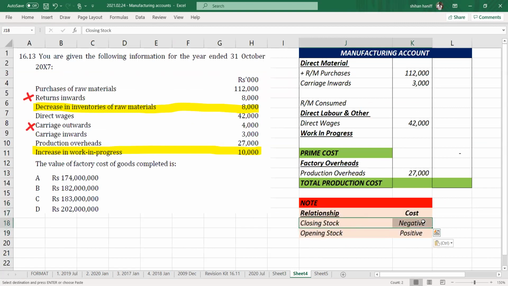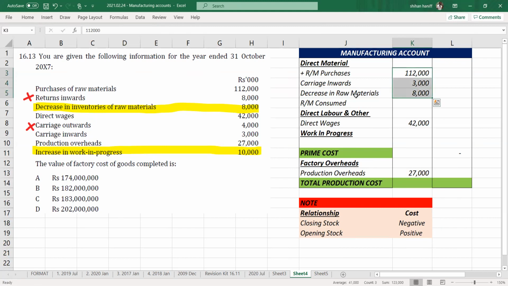Closing stock, there is a negative relationship. If the raw material decreases, the cost will increase. Right?